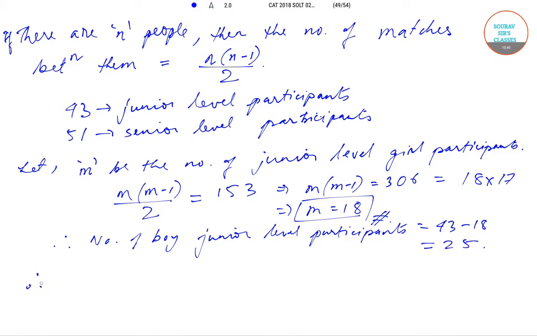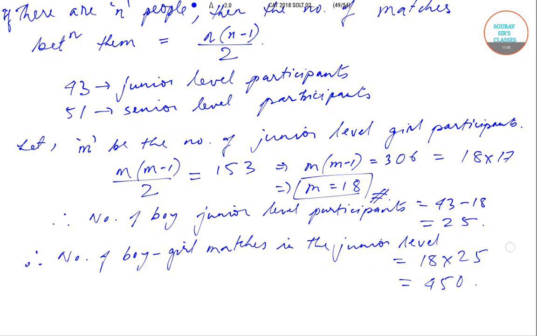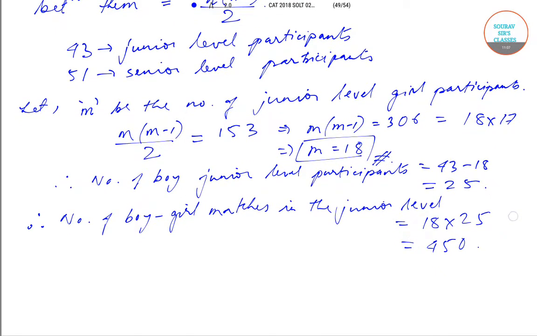So therefore now number of boy girl matches in the junior level thereby is equal to 18 into 25. 18 girls, 25 boys, so this is equal to 450. Okay, so this is the number of boy girl matches that we have found out in the junior level.